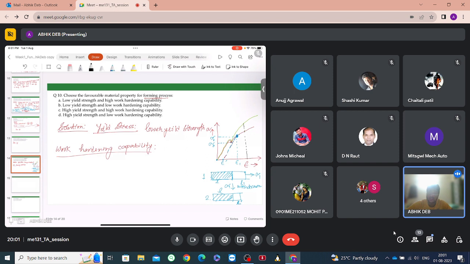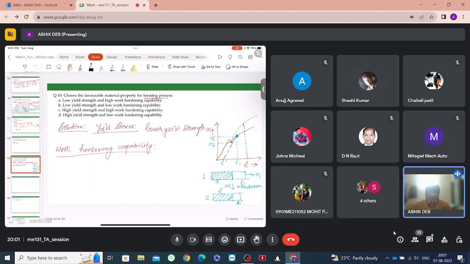You have understood the question, right? No, sir, I didn't get it, sir. So epsilon denotes the deformation. You understand that, right? Yes, sir. So for the same deformation, this is a vertical line, right? That is, the deformation is the same.